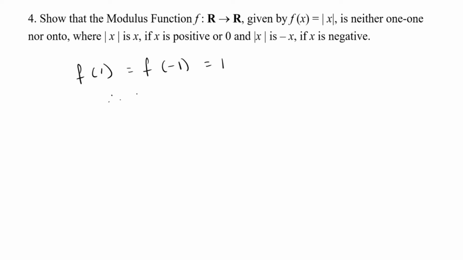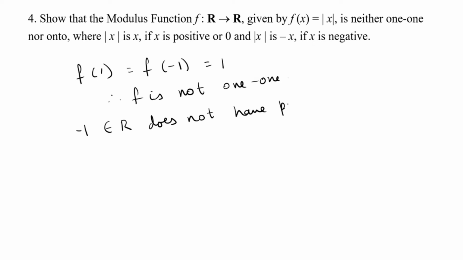So therefore f is not one to one. Now if we take the real number minus 1, it belongs to R, the codomain, but it does not have a pre-image. Therefore f is not onto.